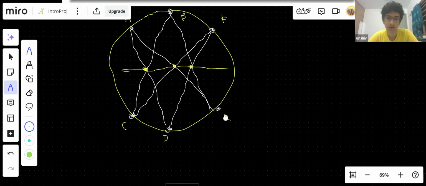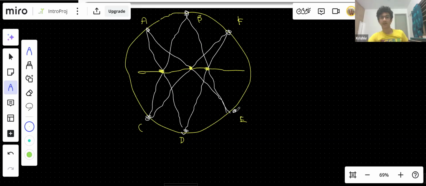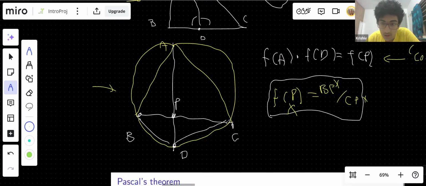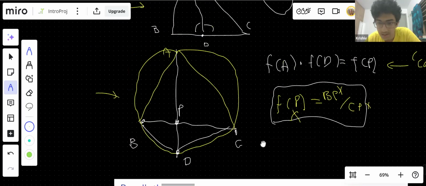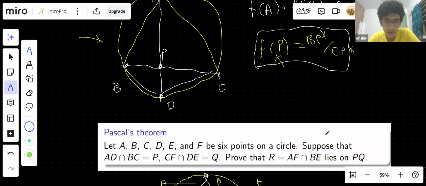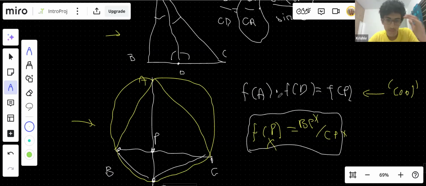So AD cap BC, AE cap FC, and BE cap FD are collinear. I don't think F of C is defined here. Oh, it's fine. We won't be dealing with the edge cases.